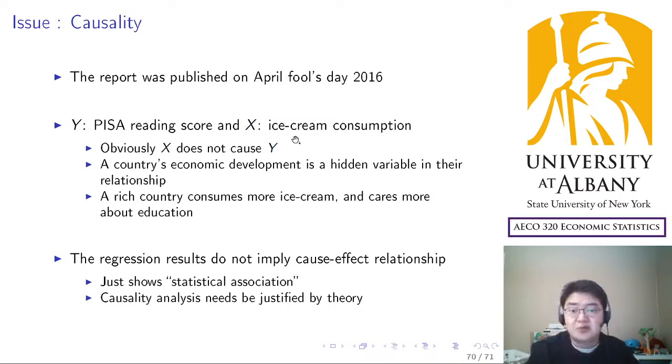And what is the problem here? Even if they do not have any causal relationship, still they are correlated, because a country's economic development is closely related to its education and its ice cream consumption. The richer the country is, the more ice cream it's going to consume, and it will do better in the test.